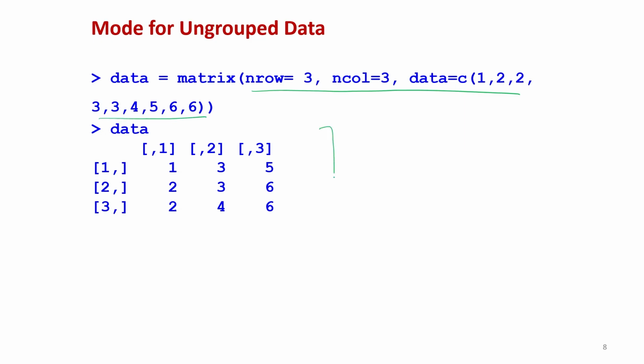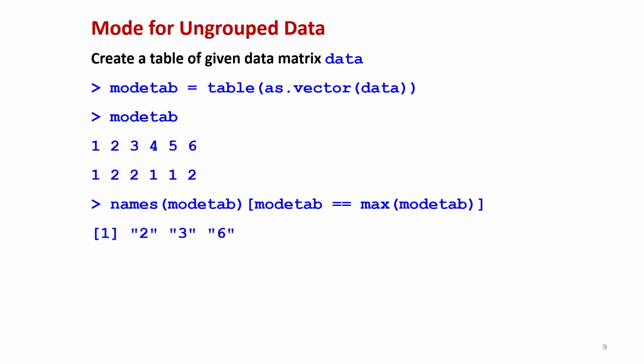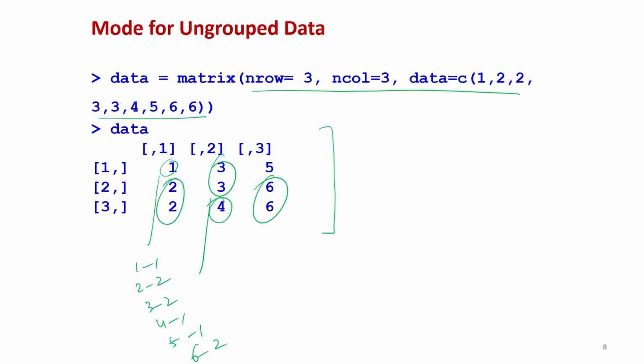You can see 1 appears 1 time, 2 appears 2 times, 3 appears 2 times, 4 appears 1 time, 5 appears 1 time, and 6 appears 2 times. So there is more than one value occurring twice: 2, 3 as well as 6.